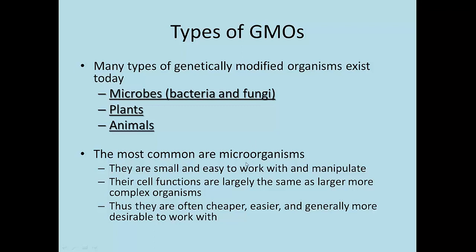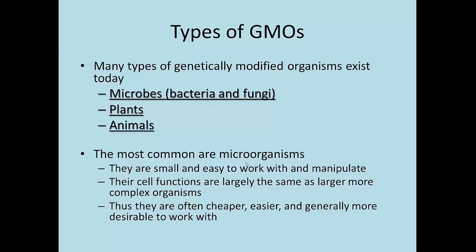Microbes were the first and are still the most common. Microbial cells are very small. You can grow billions of them in a small space. There are no ethical concerns. There's really very little regulation involving animal welfare, which you get into with animals.